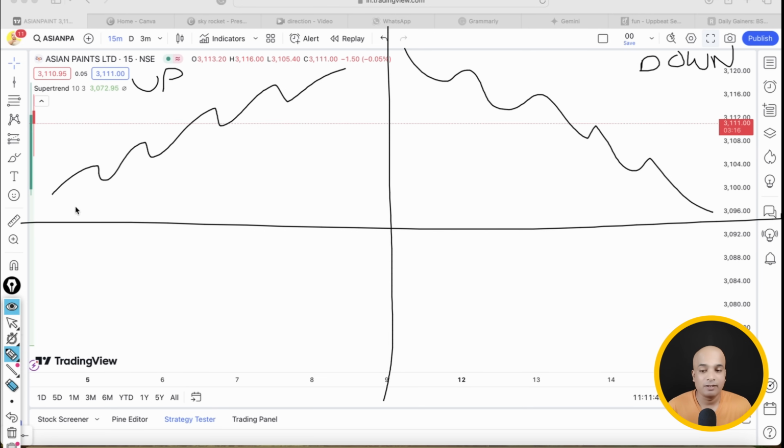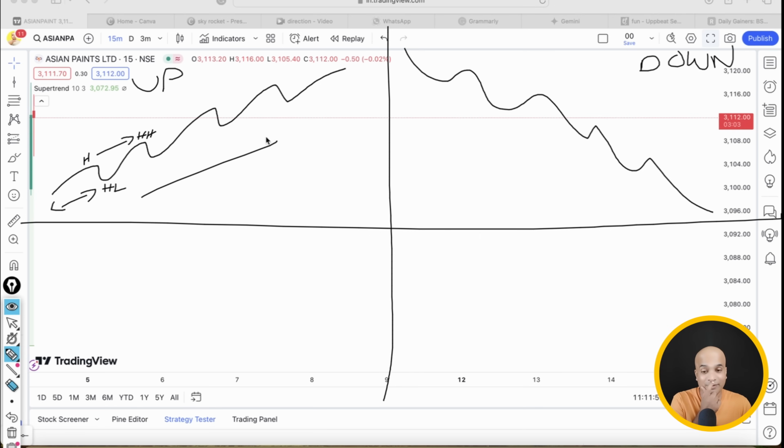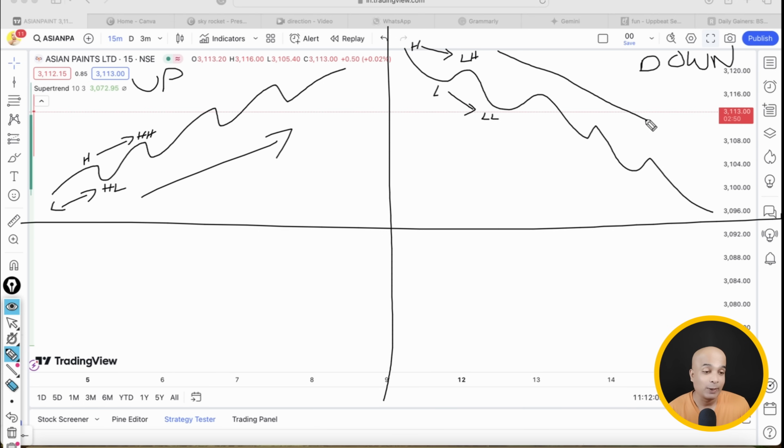Whenever the price, if you consider this as a low and this as a high, makes a higher low compared to this low, and compared to this high, a higher high, and keeps on making higher highs and higher lows, it means it is an uptrend. Suppose in this case, this is a high, this is a low. Compared to this high, this is a lower high, and compared to this low, this is a lower low, which means whenever the price keeps on making lower highs and lower lows, it is in a downtrend.